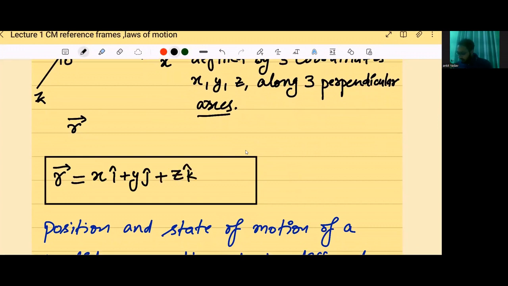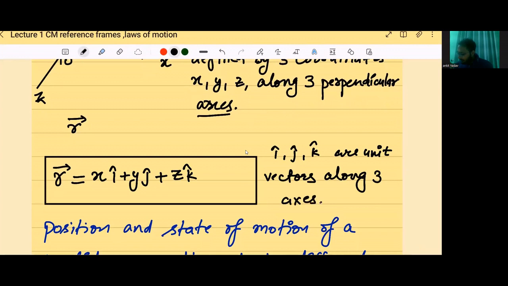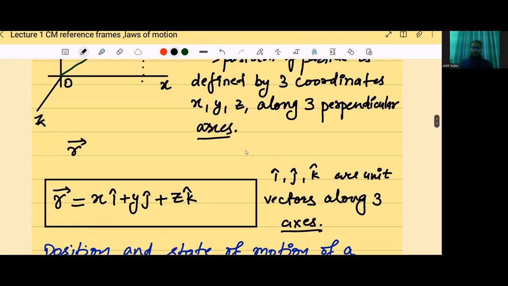In this, i cap, j cap, k cap are unit vectors along the three axes. So like this we define the position of the particle according to a frame of reference. We have to see from which point.